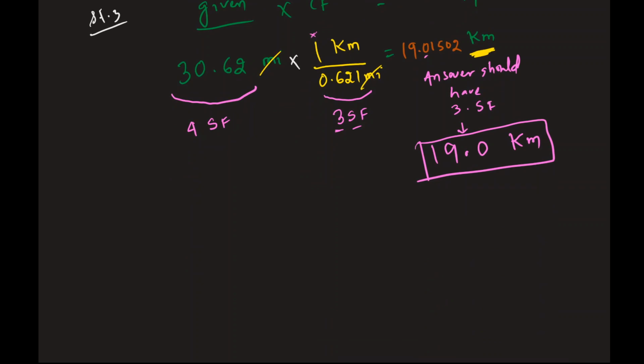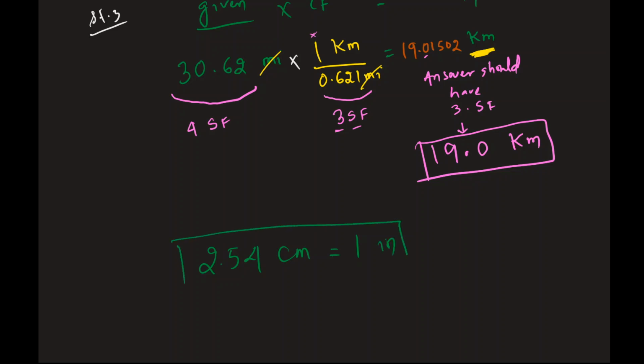Here is the only exception in inter-system conversions, like metric to US conversions. The only conversion is 2.54 centimeters equals 1 inch.